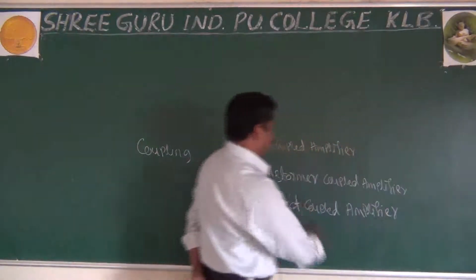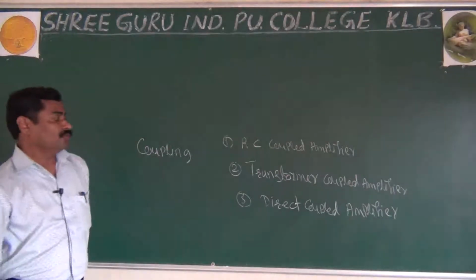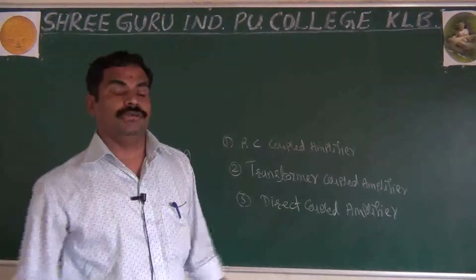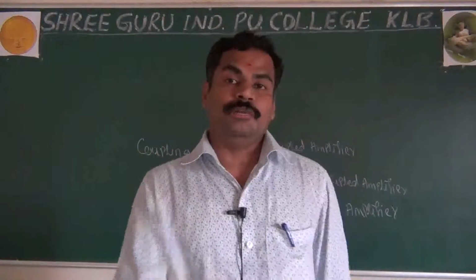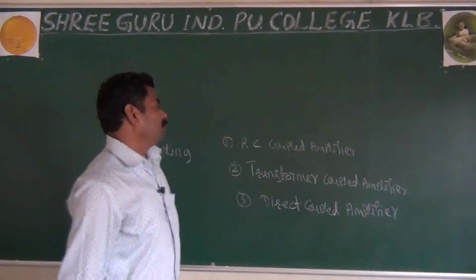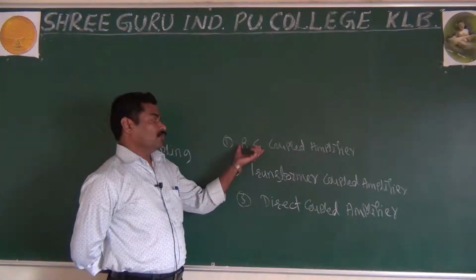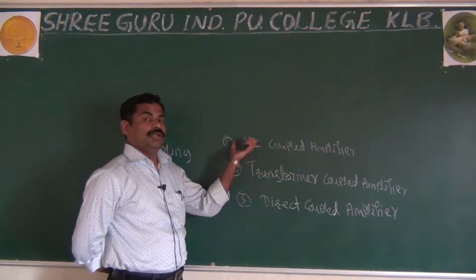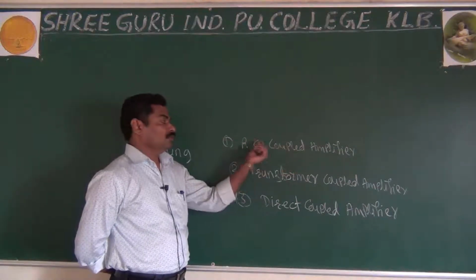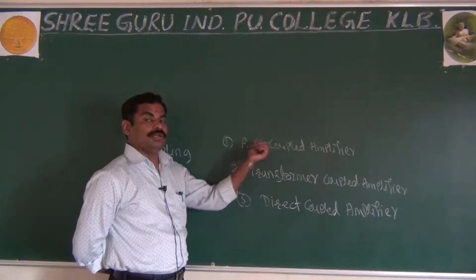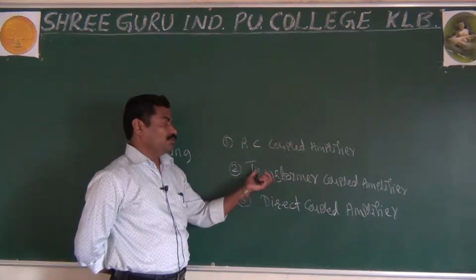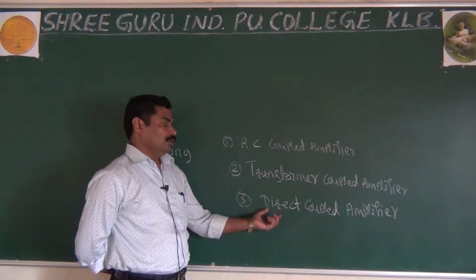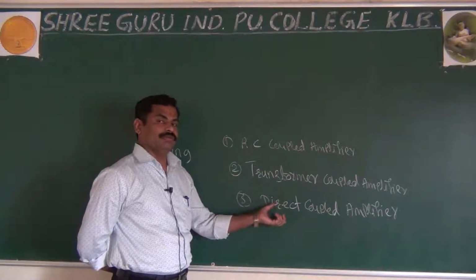It means, what is called coupling? The coupling is nothing but connecting the input to the output. For example, in an RC coupled amplifier, we are using R and C to connect the input to the output. Here you are using a transformer to connect the input and output, and here you are not using any component, you are using a direct wire from input to output.